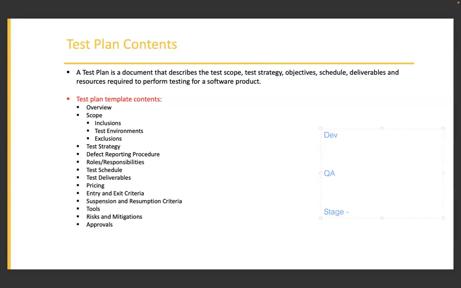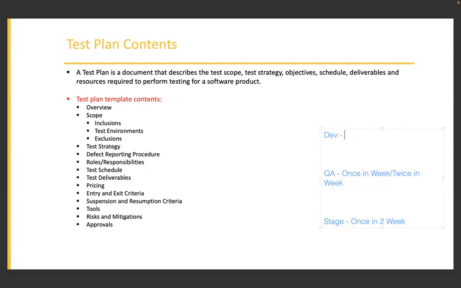The deployment on stage happens hardly once in 2 weeks, or it can be once in a month also, guys. In QA, you can consider once in a week, or even twice in a week sometimes. The reason is they need to migrate the changes from dev to QA, guys.